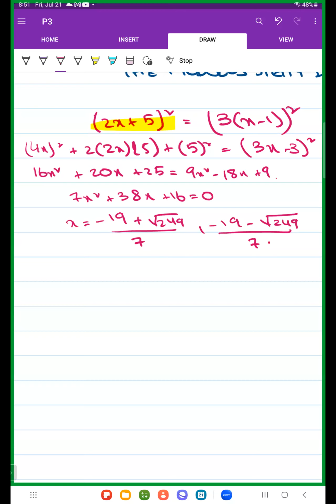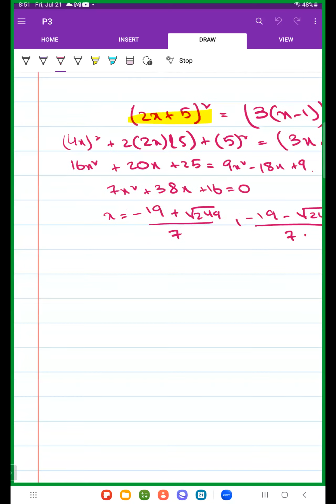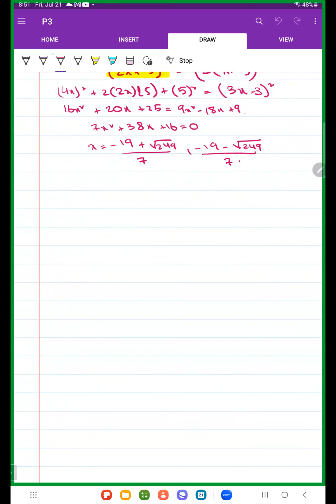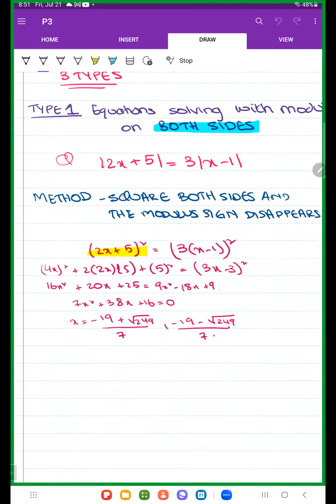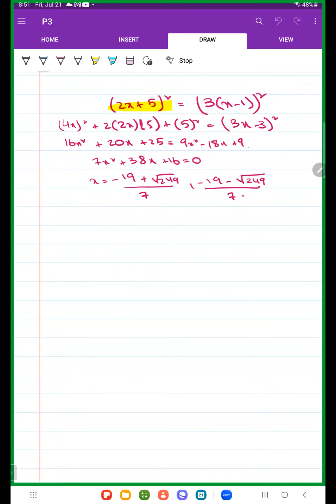All right. So let's talk about when we have in an equation modulus on only one side. This is the second type we're going to talk about. It's very similar.